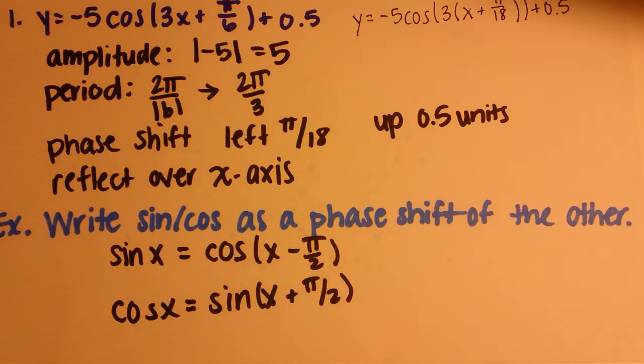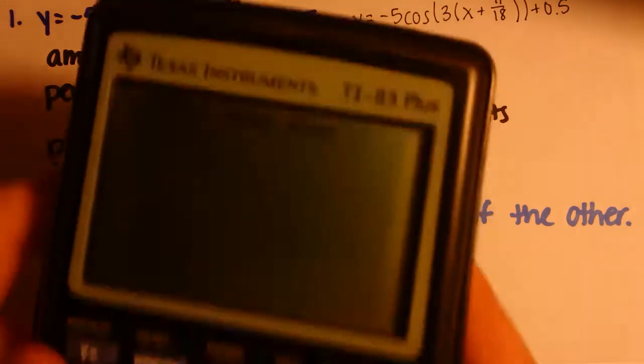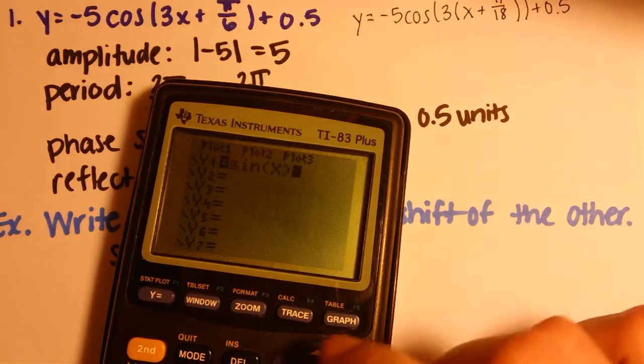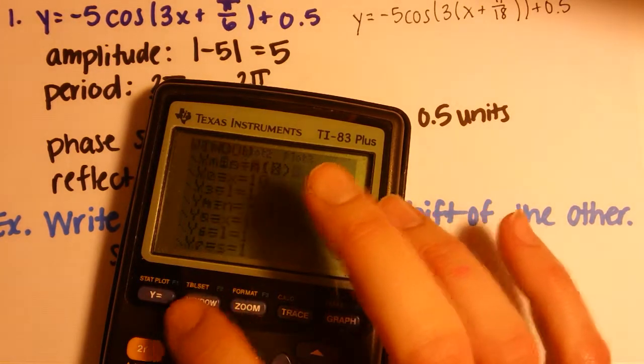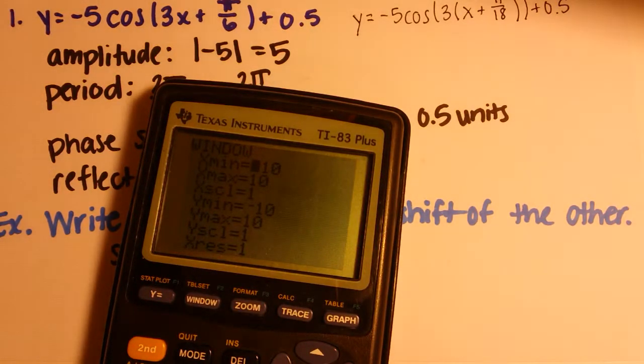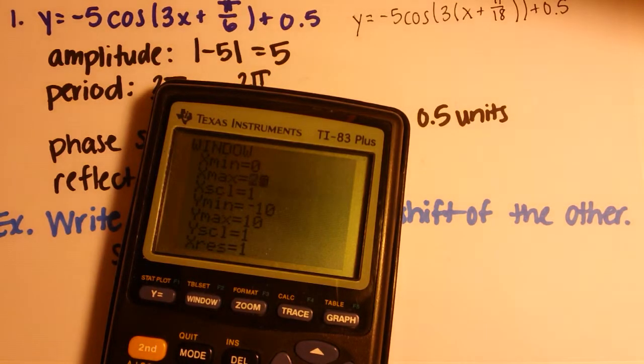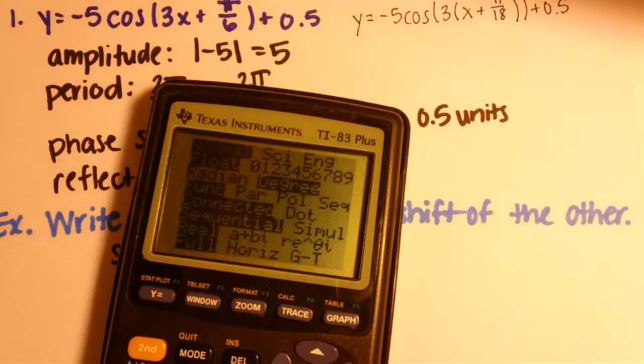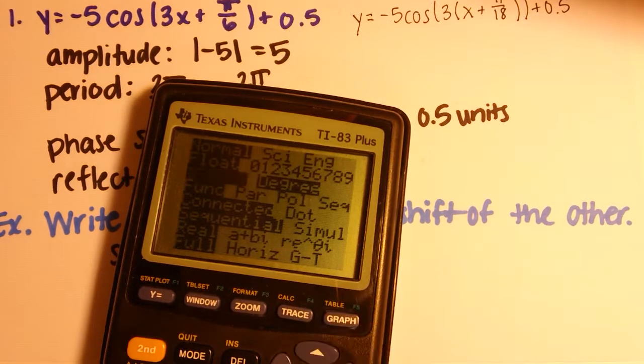So, if we look at sine of x, we can graph sine of x on our calculator. And we'll change our window, so we'll use 0 to 2 pi. Actually, my calculator's in degrees, so we have to change the mode. Mode will go down to radian.